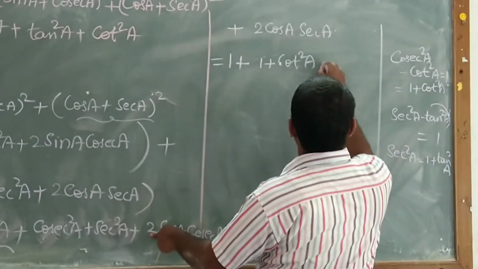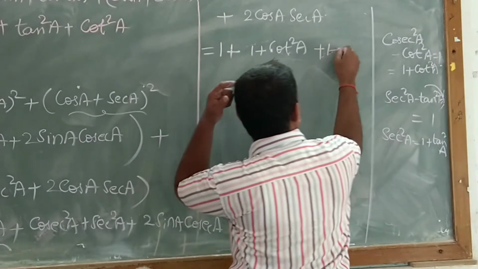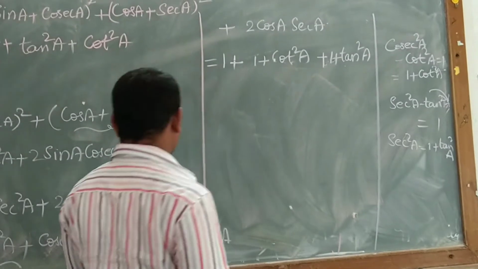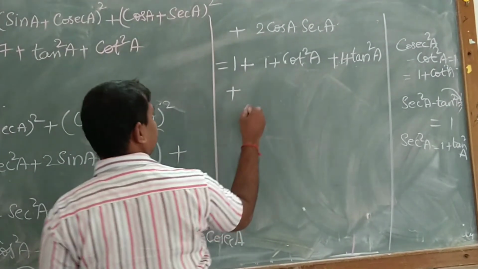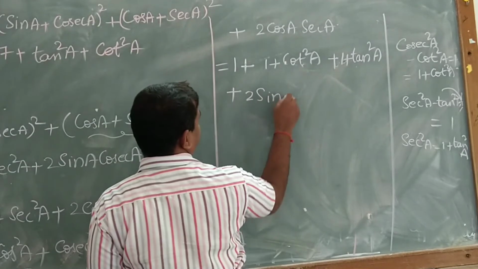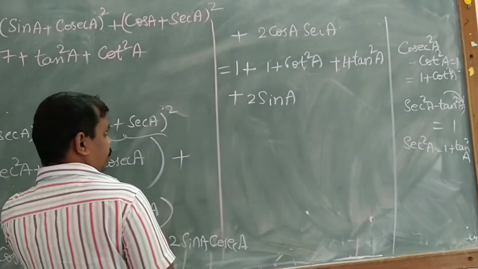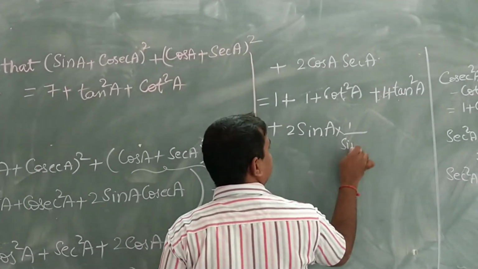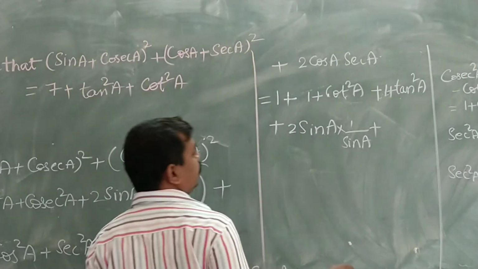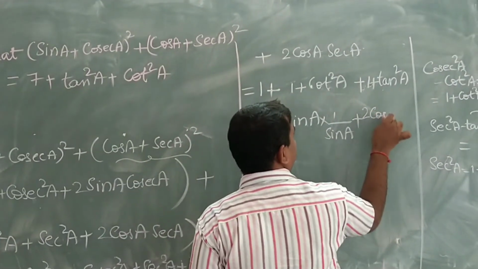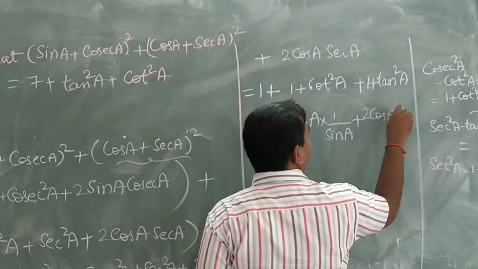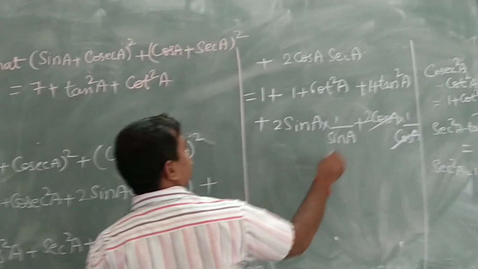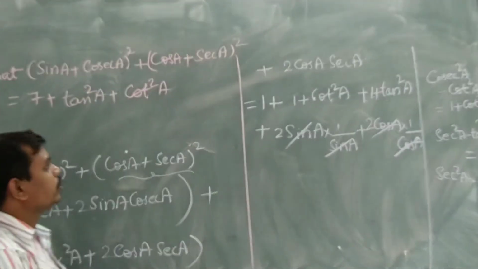Plus, what is secant square A? 1 plus tan square A plus 2 sin A, and cosecant A, can I write 1 by sin A again? Plus 2 cos A, again this secant A I am writing in the form of 1 by cos A. Here cos A gets cancelled, sin A gets cancelled.